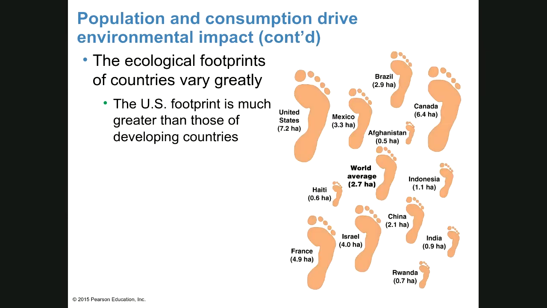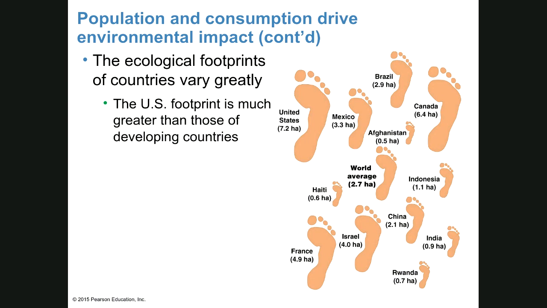All right, we can compare ecological footprints of various countries, and it's not going to take you long to see that those countries with the most wealth, the most resources, those countries that are developed are going to have larger ecological footprints than those that are less developed or those that have, for example, more poverty and less wealth. So you can take a look.